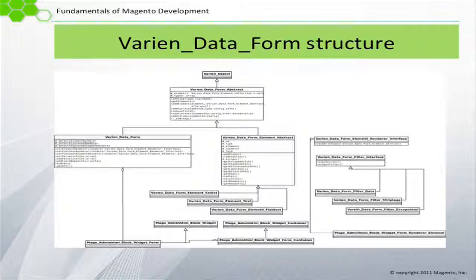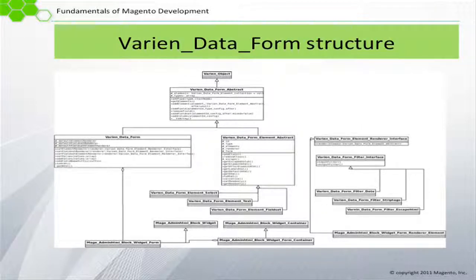Just like several of our other UML diagrams, one of the nice things to note is all of this springs forth from Varien object. But what we have are all sorts of different elements. We have the form itself, the block widget form, and the container.